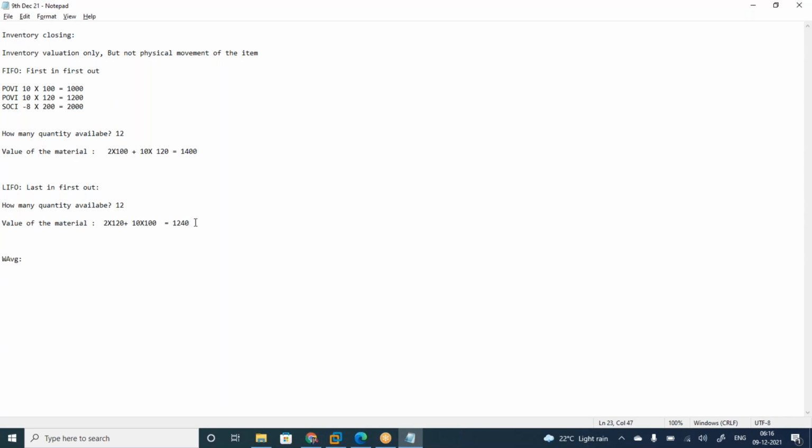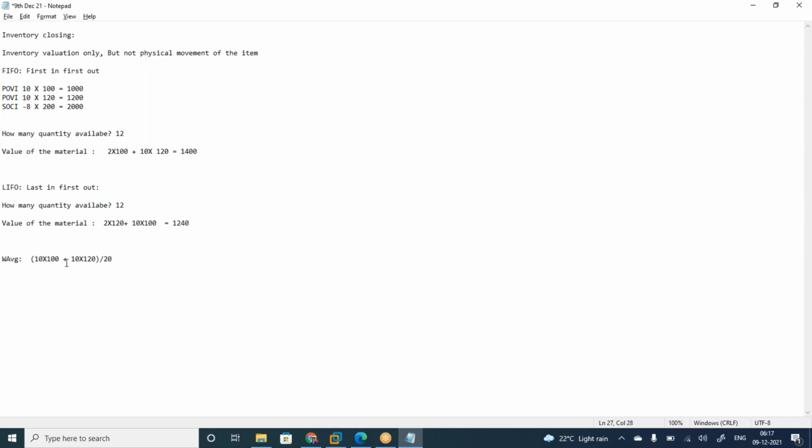It is 1240. If it is weighted average, then 10 multiplied by 100 plus 10 multiplied by 120, within brackets total, divided by 20.